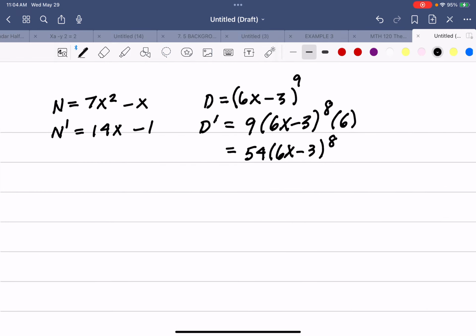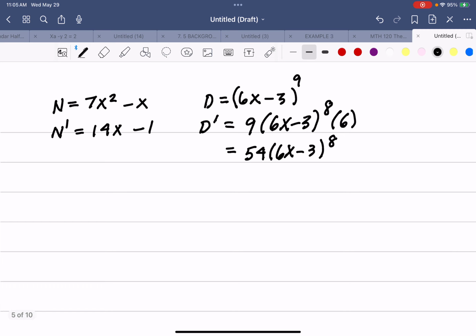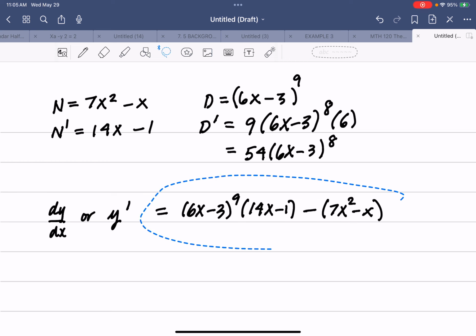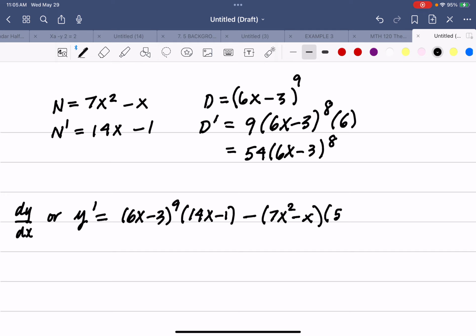So my derivative, so that function was named y, so my dy/dx, or y prime, those mean the same thing, is the denominator, plain denominator, sorry, (6x minus 3) to the 9th, times the derivative of the numerator, 14x minus 1, minus the numerator, 7x squared minus x, and the derivative of the denominator is 54.